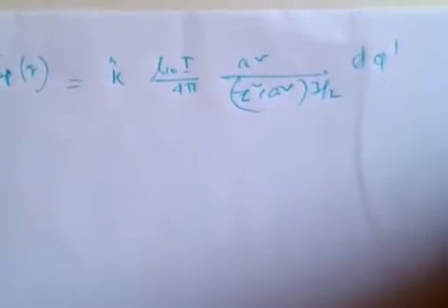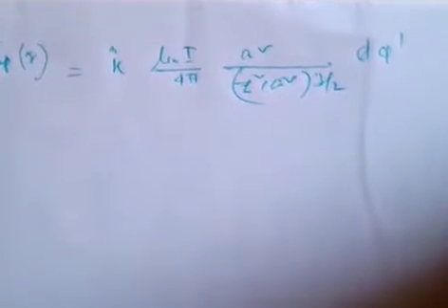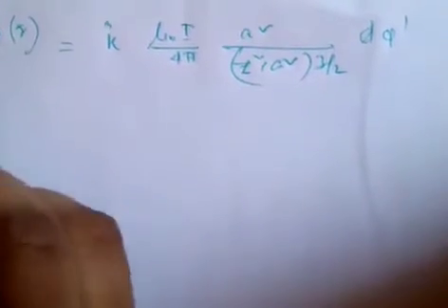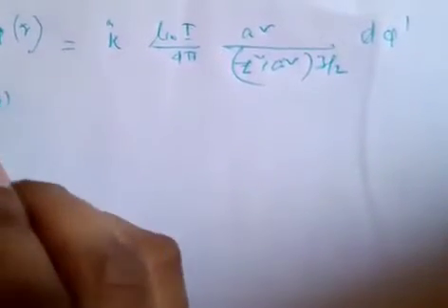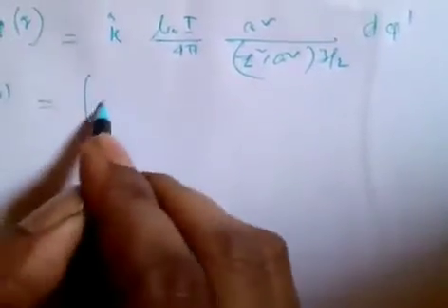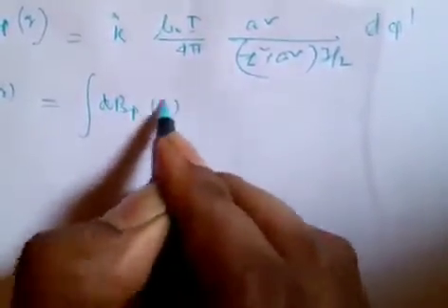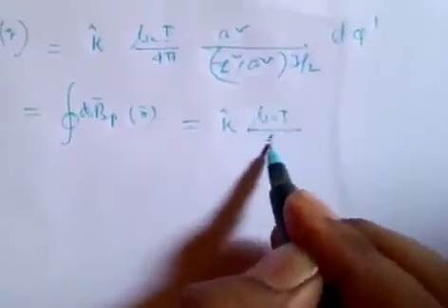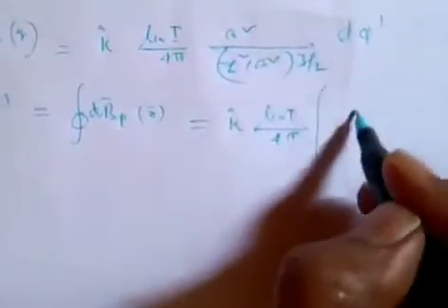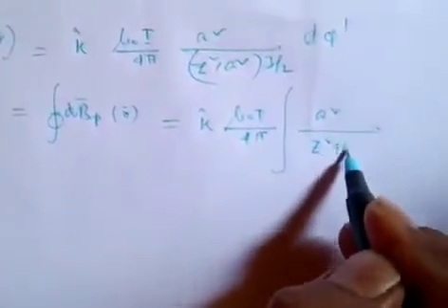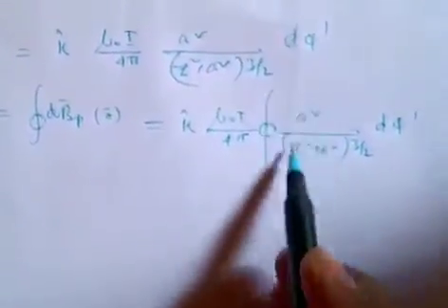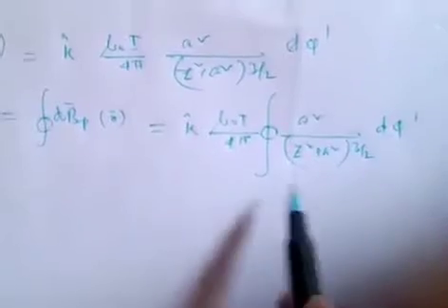This one. We want to find the total magnetic field at the axial point P due to the whole circular wire. Now the magnetic field BP at r is nothing but integral over dBp at r, which will be k cap mu naught I by 4 pi integral a square by z square plus a square whole to the 3 by 2 into d phi prime. But all these are fixed. A, z, a, all are fixed.